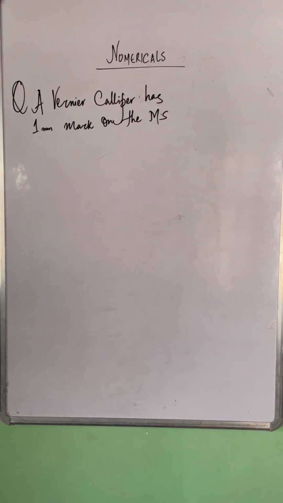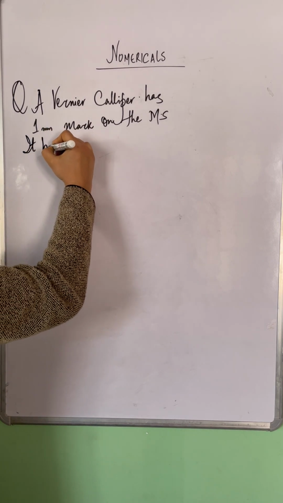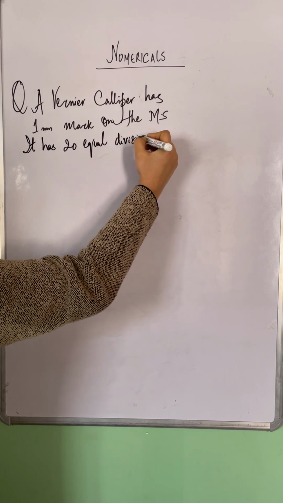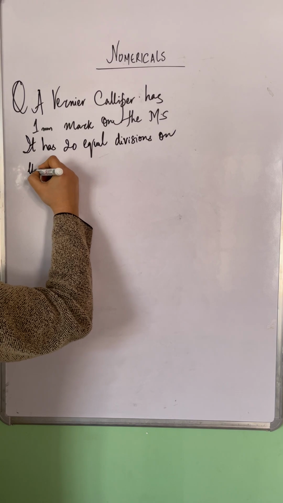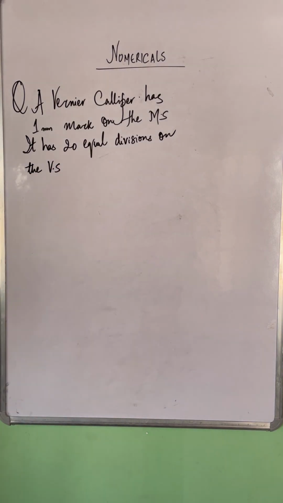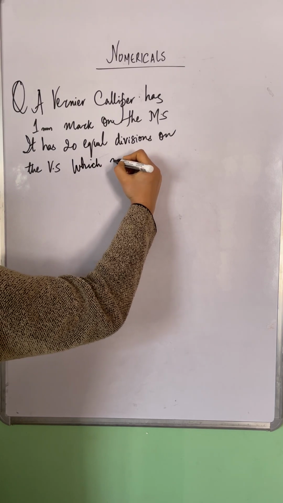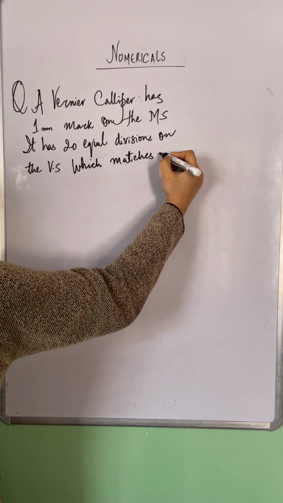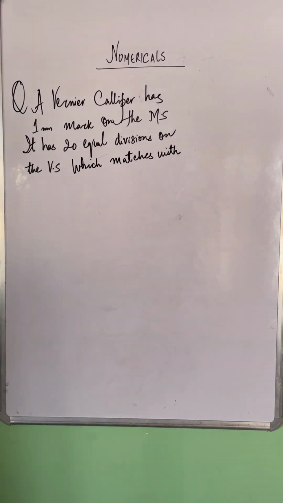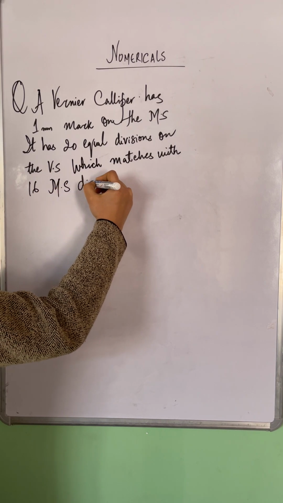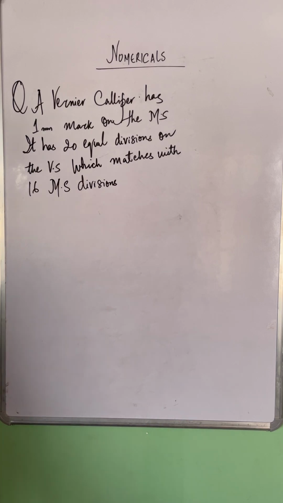It has 20 equal divisions on the vernier scale, which matches with 16 main scale divisions for this vernier caliper.